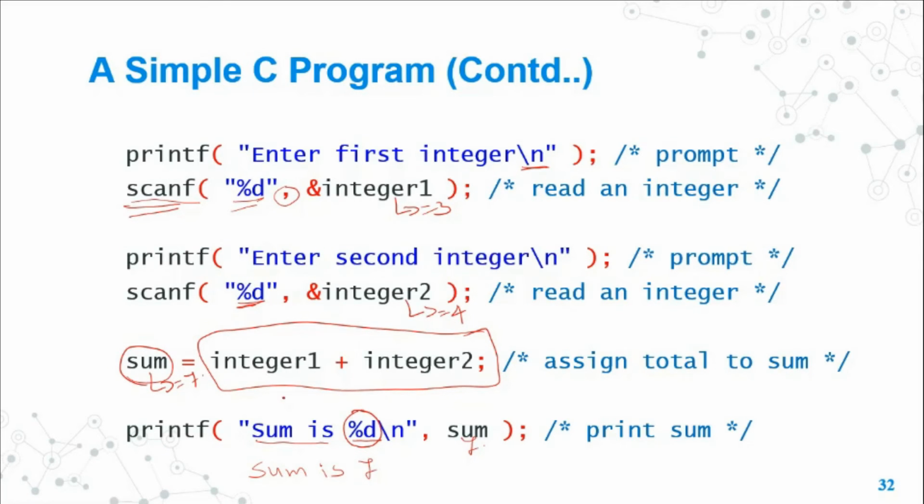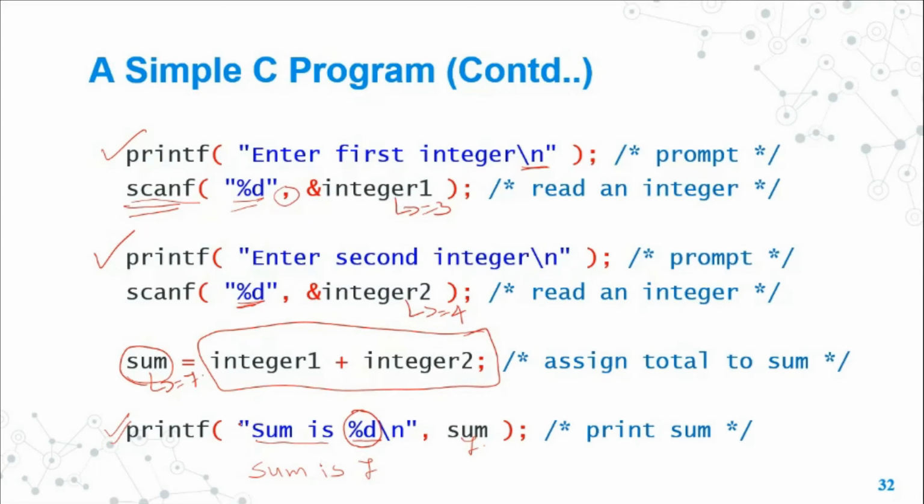In the previous printf statements, here as well as here, the printf statements had only one parameter, that was "Enter first integer" and "Enter second integer", the only parameter passed into the printf functions. But here, if you see, there are two different parameters, both separated by a comma.